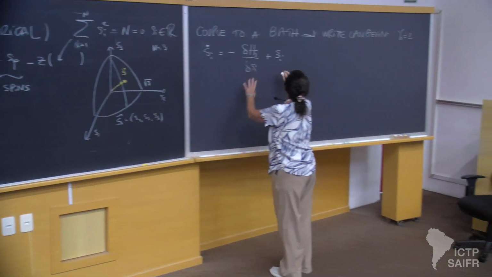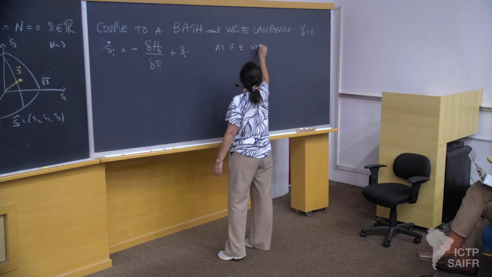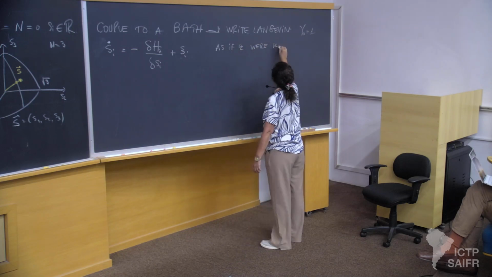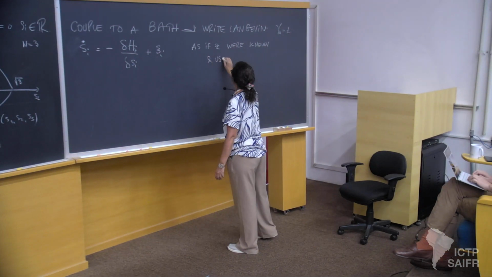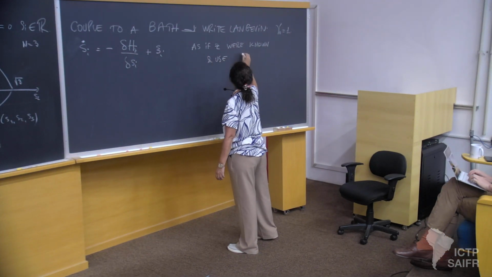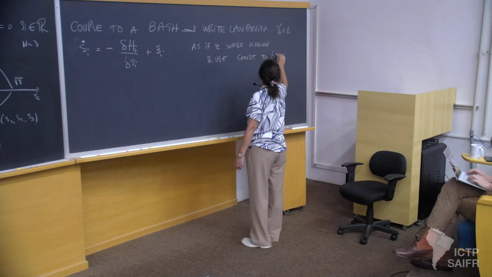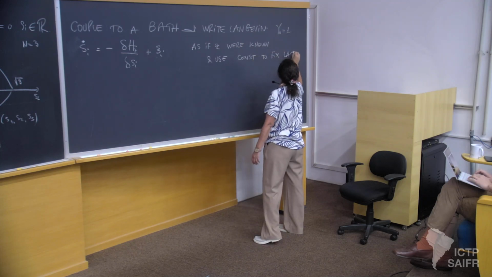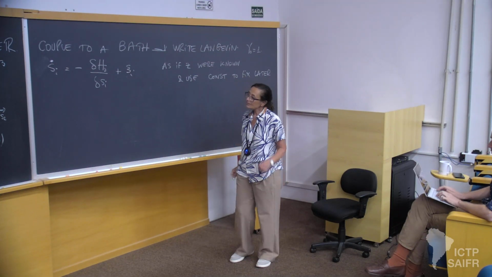So you write the equations as if z were known, and use the constraint to fix it later. You will see how this goes in a particular case.